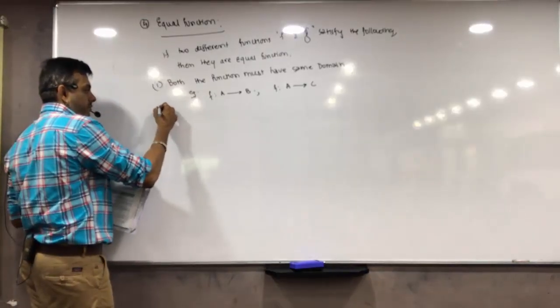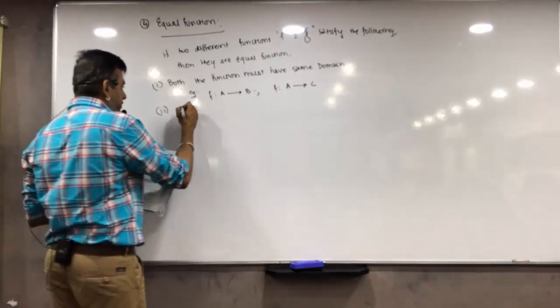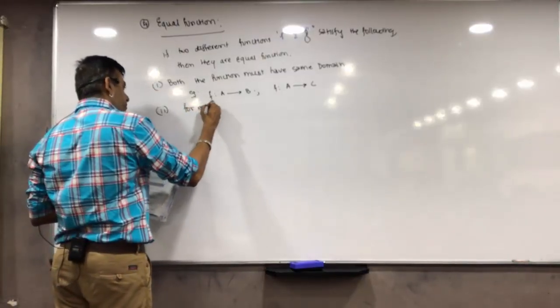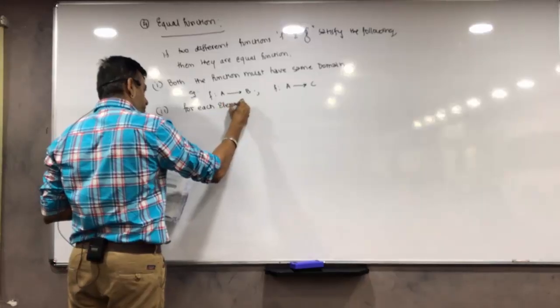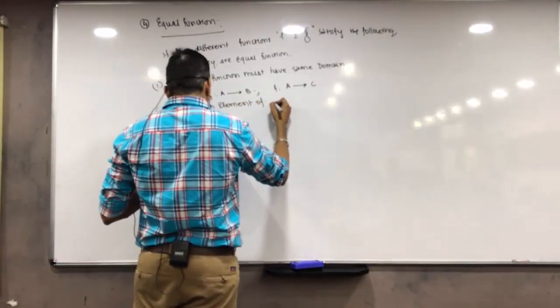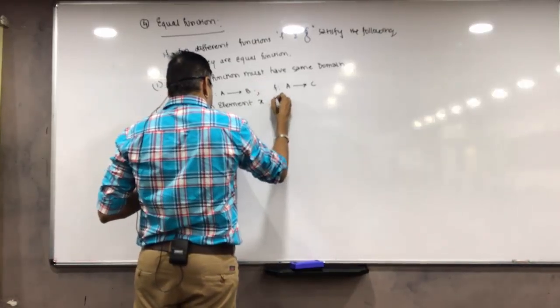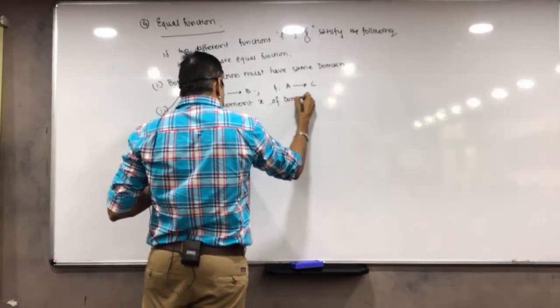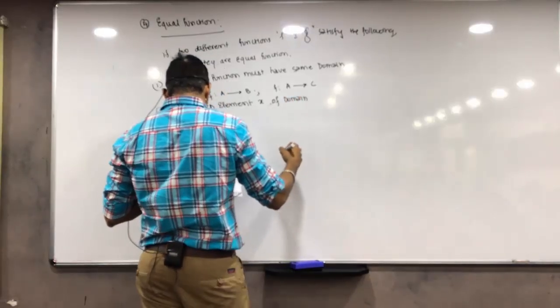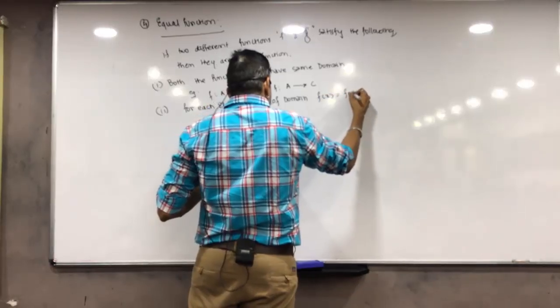Second, I'll come to the example again later. For each element x of the domain, f of x is equal to g of x.